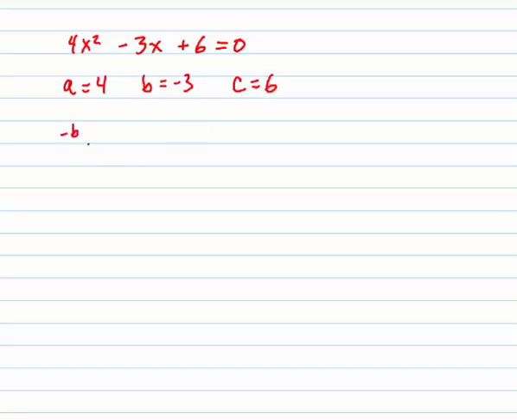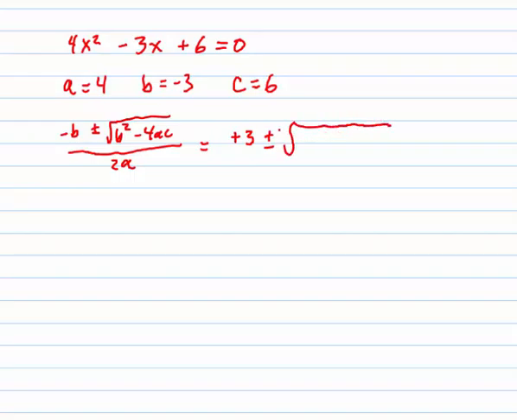So negative b plus or minus the square root of b squared minus 4ac all over 2a is equal to, we have a negative 3, so it's a positive 3, plus or minus the square root of b squared, which is 9, minus 4 times a, minus 4 times 4 times c, 6, all over 2a, which is 2 times 4, or 8.